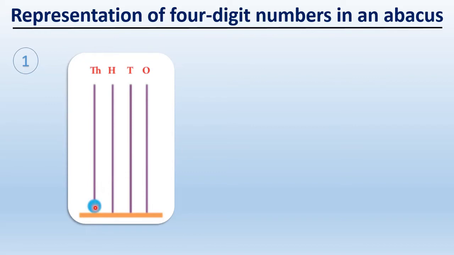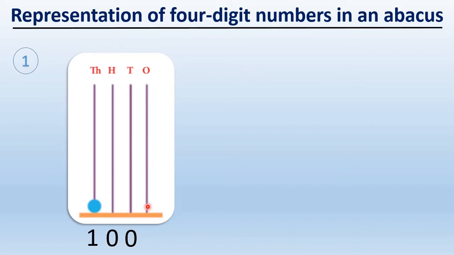So since we have only one bead on thousands place rod, let us write the number 1 just below this rod. And no beads are there on this rod, which represents the number 0. Let us write 0 here. There is no bead here also, so we write 0 here.